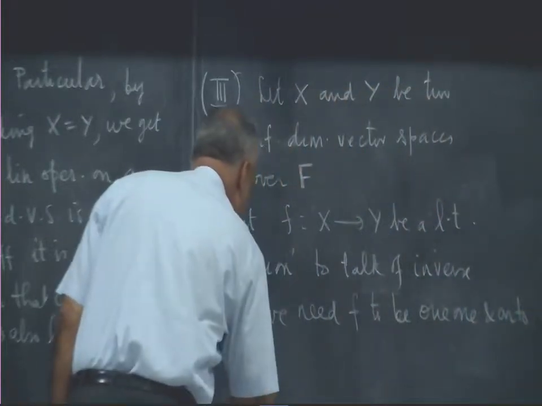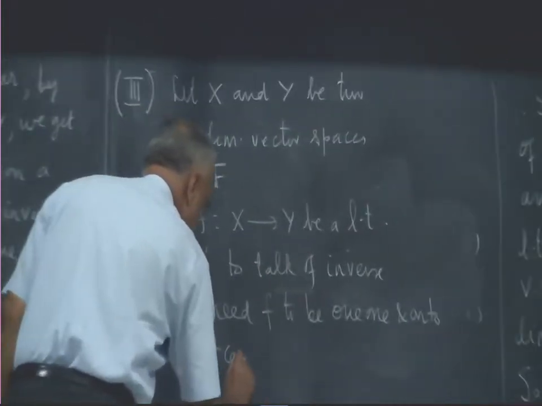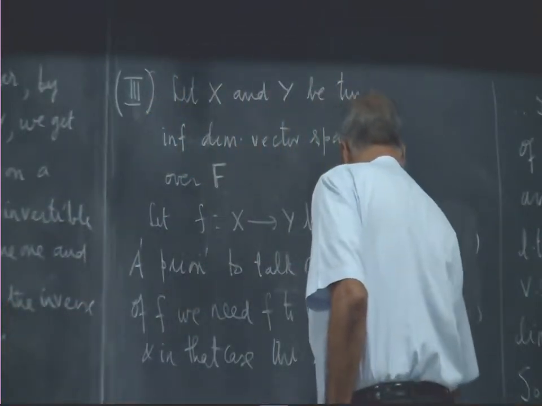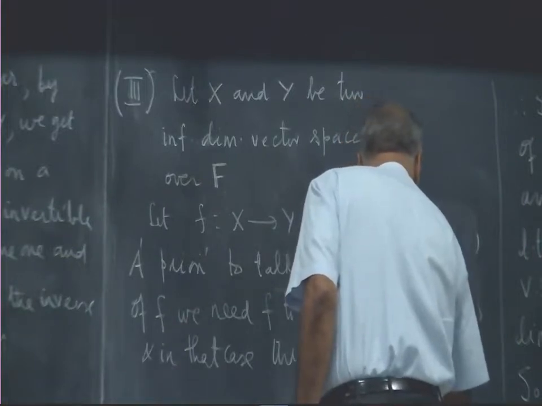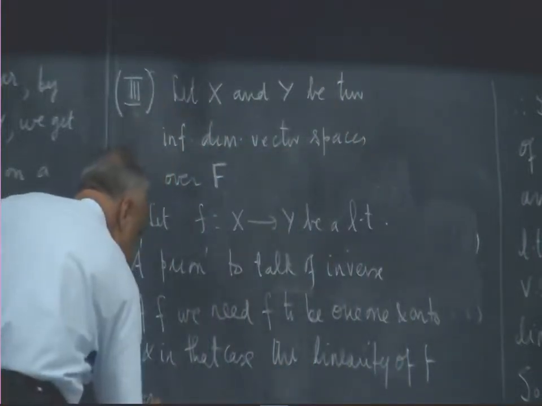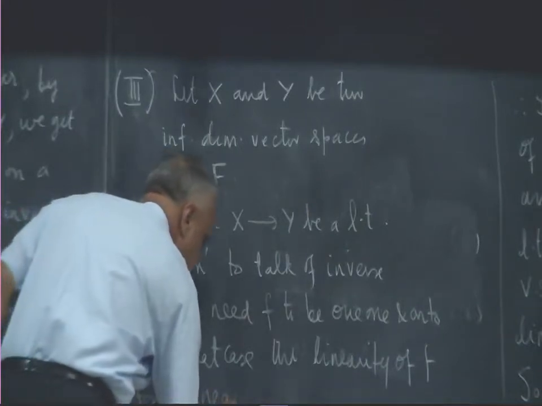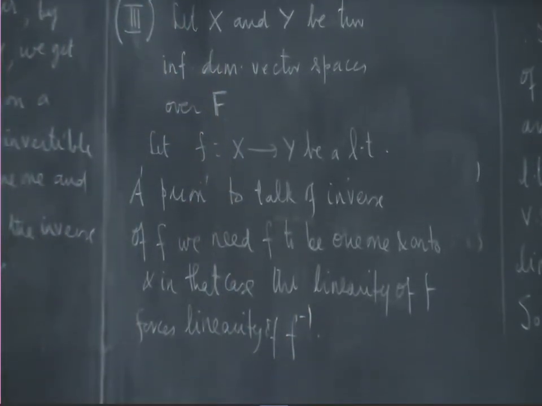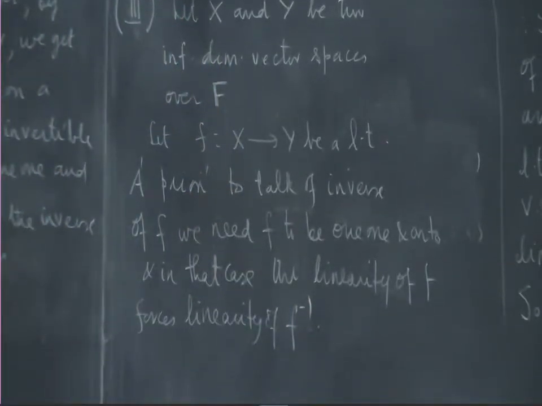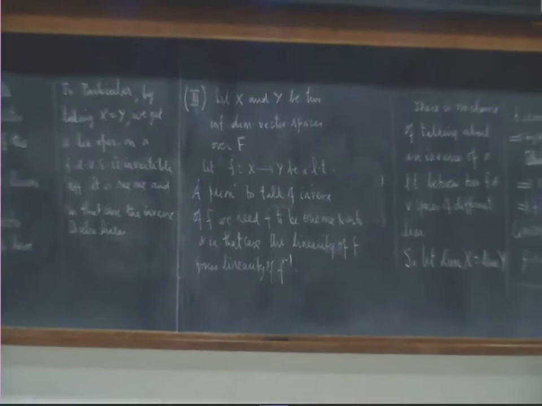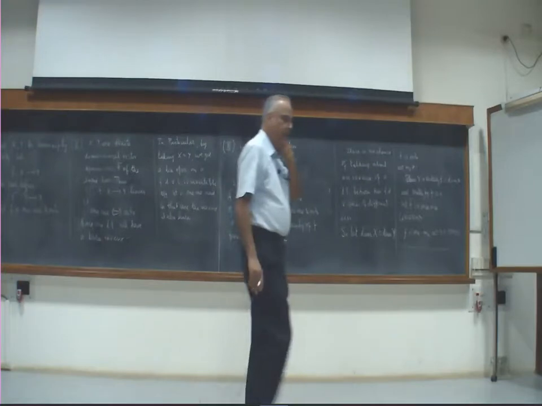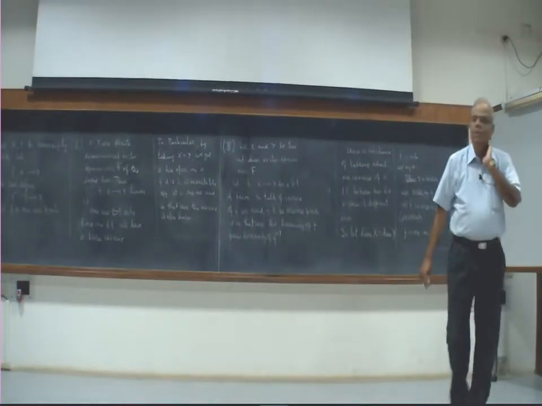And in that case, the linearity of F, again and again I will write it, the linearity of F forces linearity of F inverse. So if you have two infinite dimensional vector spaces and if I have a 1-1 onto map, then the inverse automatically comes through, and I don't even have to check, it will always be linear. That is forced. The linearity of F forces the inverse transformation also to be linear.